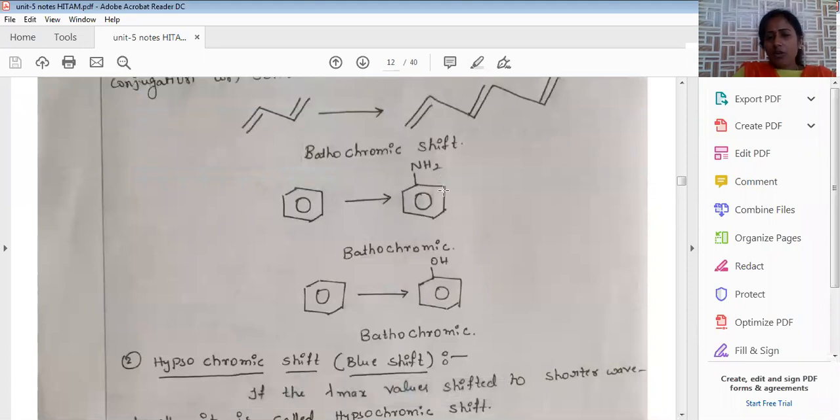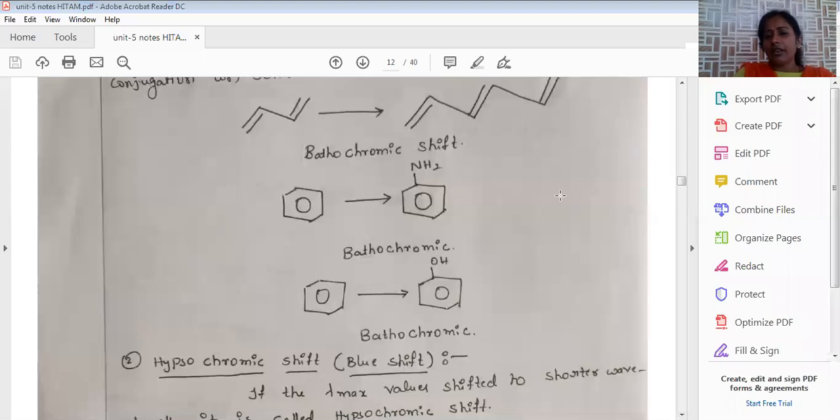Aniline is one compound. When we take an acidic medium, when H plus is added to this aniline, what happens? It is converted into NH3 plus. When it is converted into NH3 plus, the lone pair of electrons on the nitrogen disappears, so conjugation will be reduced.